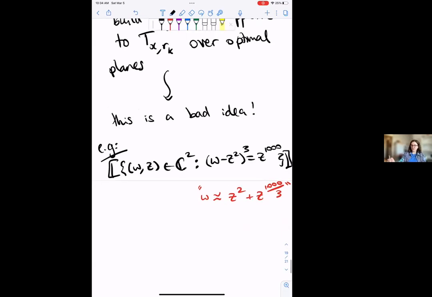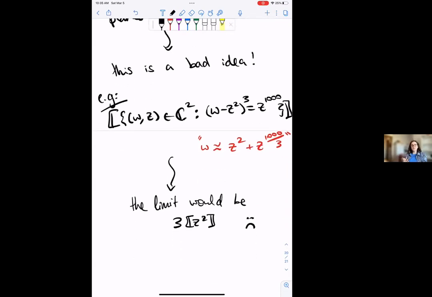So if you build this as a graph over the optimal plane, which would be the plane w equals 0, then the limit would be something like 3 times z squared, multiplicity 3 coming from the fact that we have three sheets. And this is bad, because we lose this singular behavior. Our singularities have not persisted.